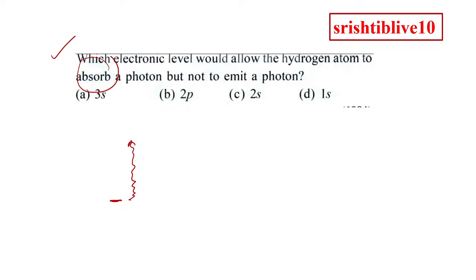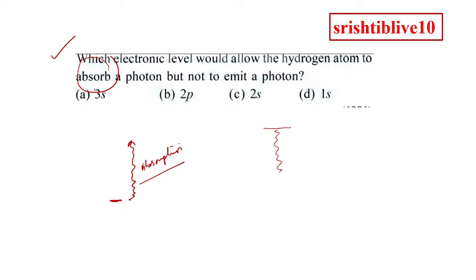So for absorption there should be availability of higher energy levels. For emission, you should have at least one lower energy level present. You need to release the energy, so at least you should have one lower energy level, then that particular electron will be emitting a photon.